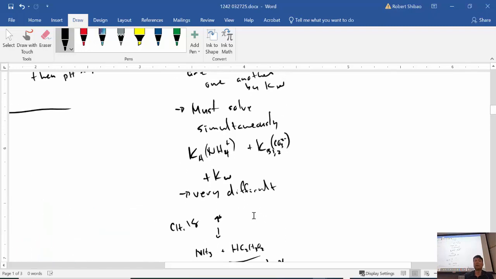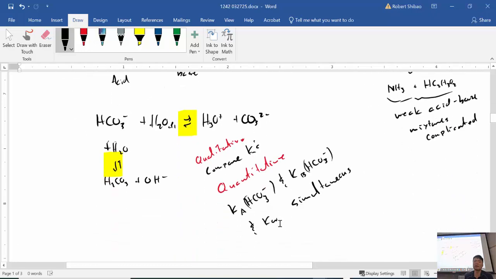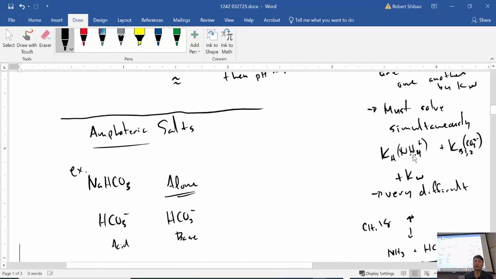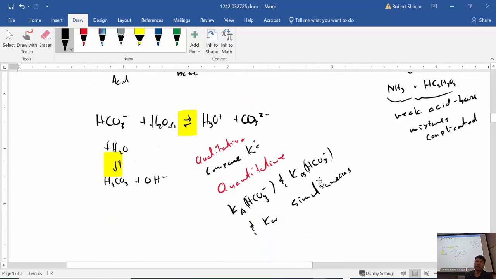Okay, when we look at this and we compare which one is more difficult to solve simultaneously, which one would you guess would be more difficult? A mix like this, ammonium and carbonate? Well, for sure this one would be because of Kb1 and Kb2, but let's just say we had a Kb. It was like ammonium acetate. Well, it turns out this one's easier to solve.